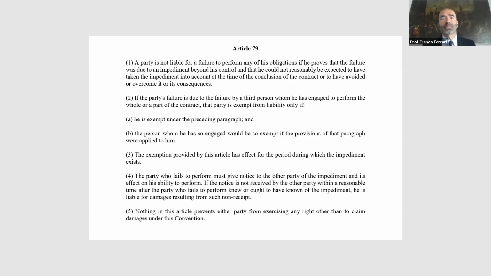Now, the issue to be dealt with today is whether economic hardship, which I want to define here as the occurrence of events fundamentally altering the equilibrium of the contract, either because the cost of a party's performance has increased, or because the value of the performance a party receives has diminished, is among the grounds of exemption covered by the provision which you see, meaning Article 79 of the CISG.